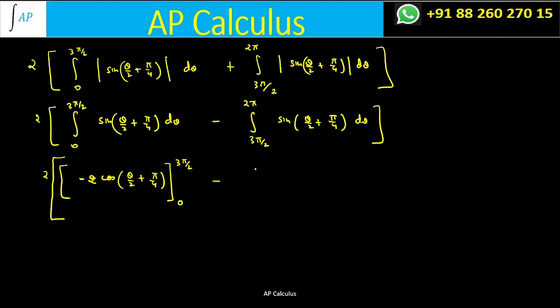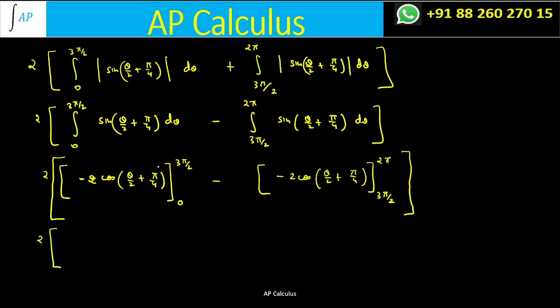Similarly, here the integration will be the same: minus 2 cosine of theta by 2 plus pi by 4, from 3 pi by 2 to 2 pi, and there is one thing outside. Now let's simplify this.